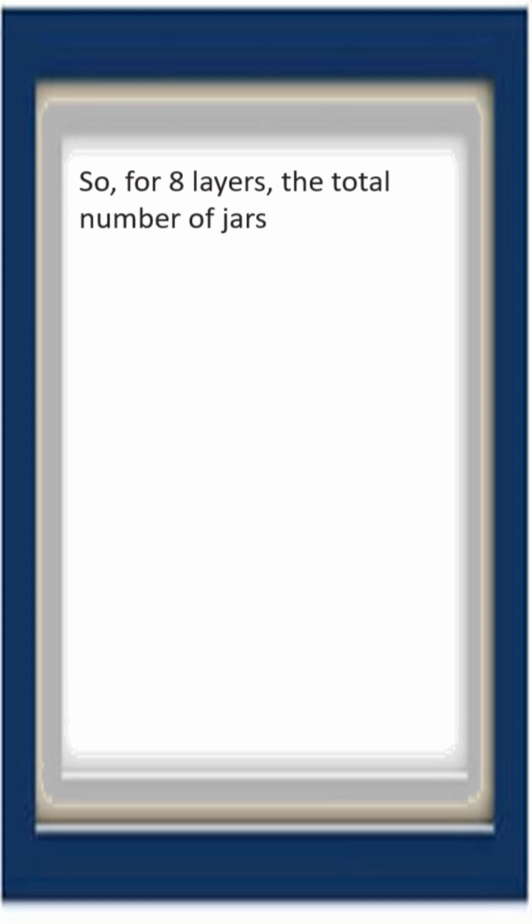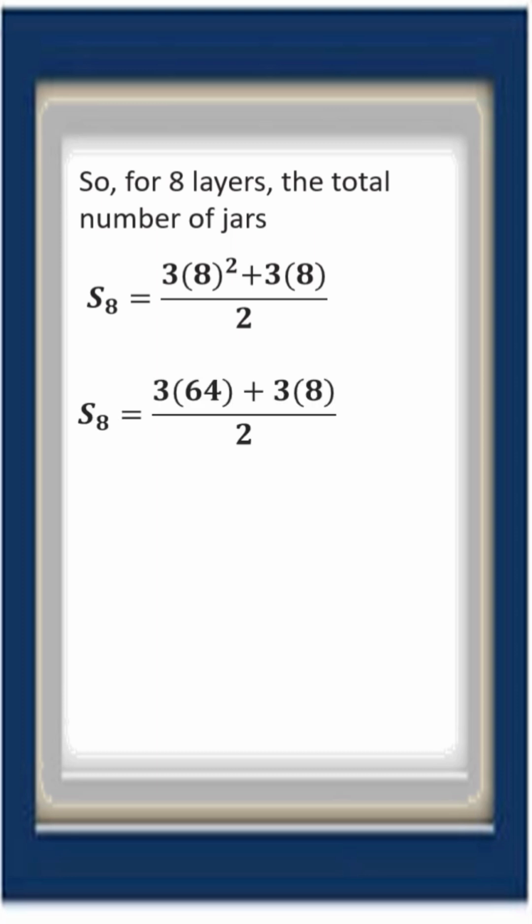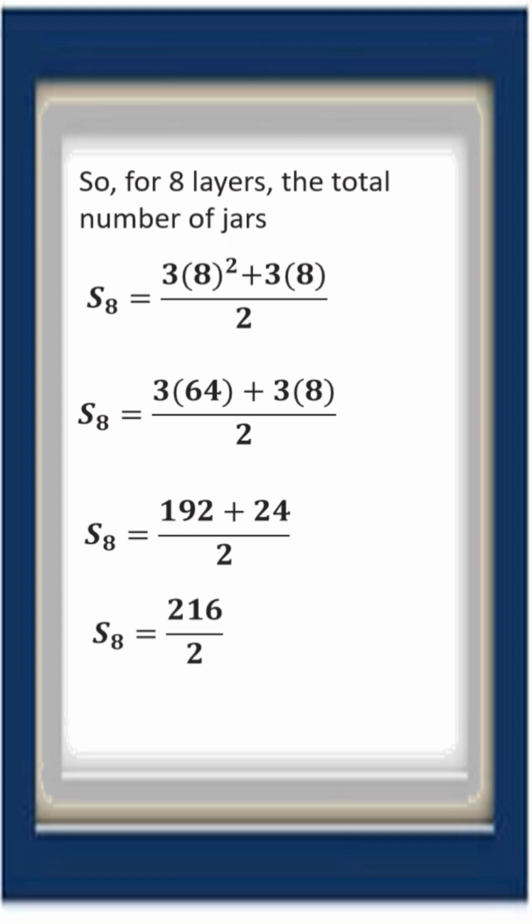Now for 8 layers, total number of jars, that means n is equal to 8. 3 into 8 square plus 3 into 8, by 2. 3 into 64 plus 3 into 8, by 2. 3 into 64 is 192. 3 into 8 is 24. 192 plus 24 is equal to 216 by 2.